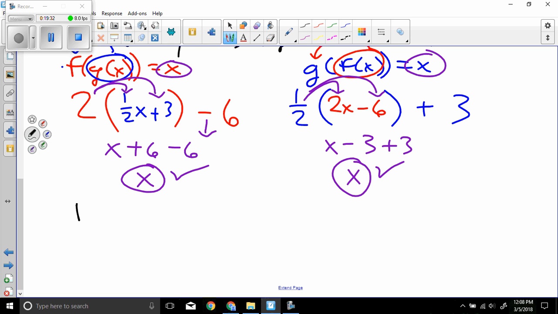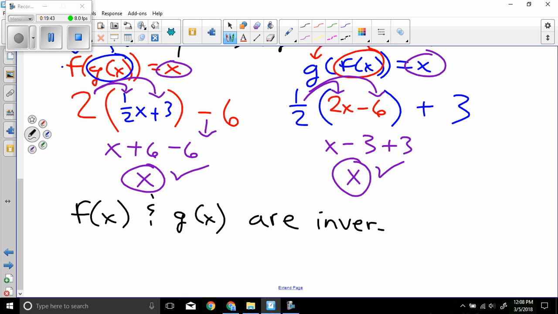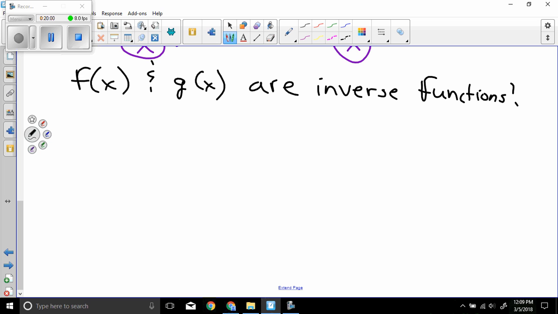Well, that means f of x and g of x are inverses. If you get anything but x for both of them, then we say that they are not inverse functions.